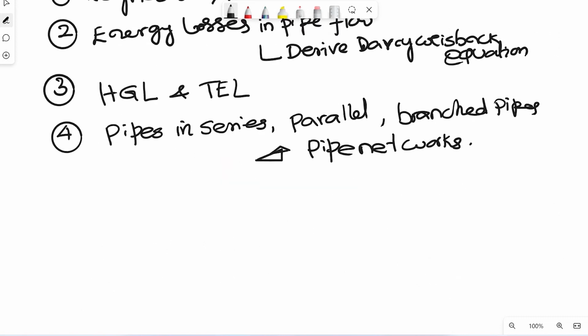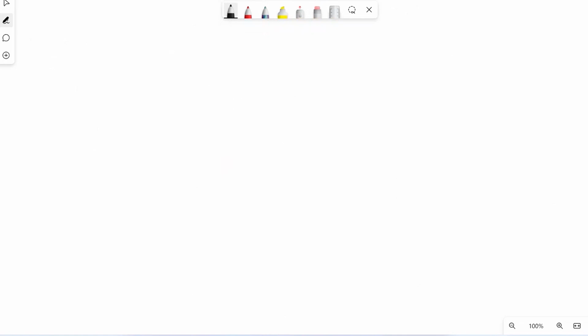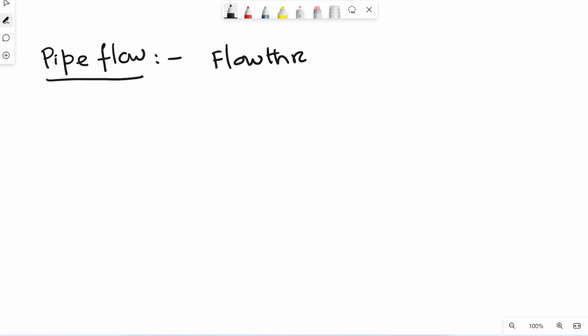Let us straight away go into the first. What are the salient points of pipe flow? When do we call a flow a pipe flow? Pipe flow means flow through a closed conduit.